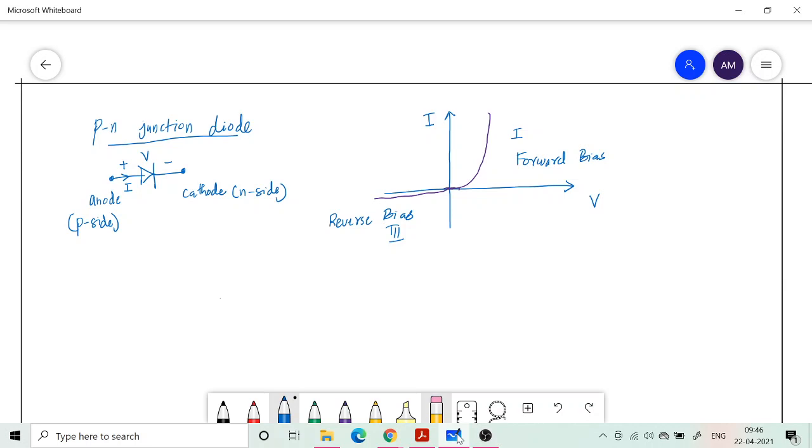Okay, so initially the current will be very, very small, so it is negligible. Usually this vertical axis, especially for positive quadrant characteristics, that is forward bias characteristics, is plotted in milliampere.